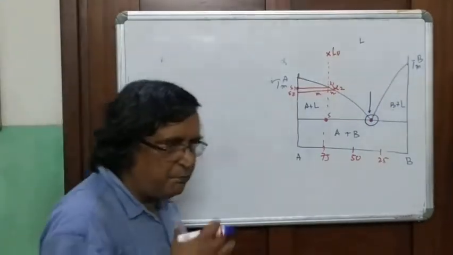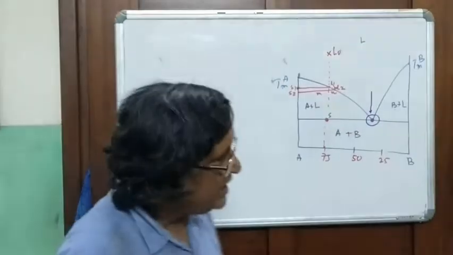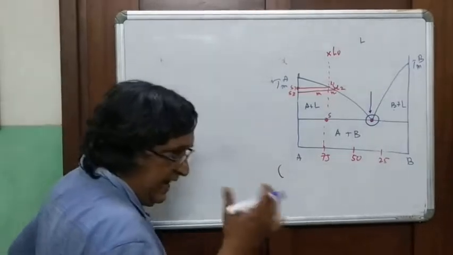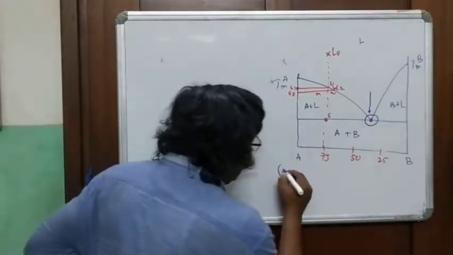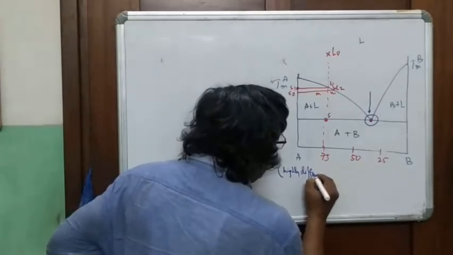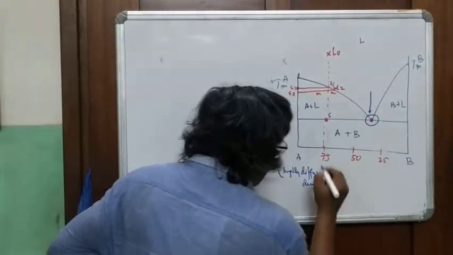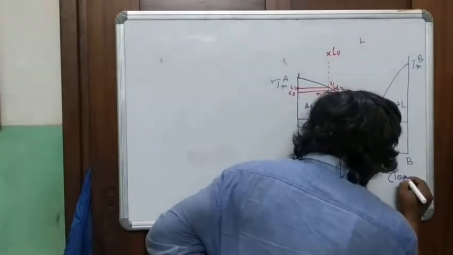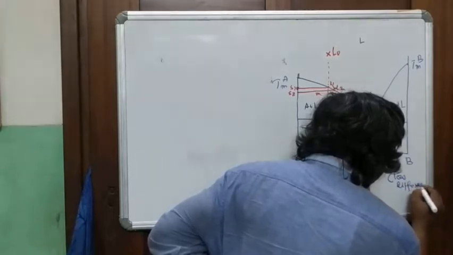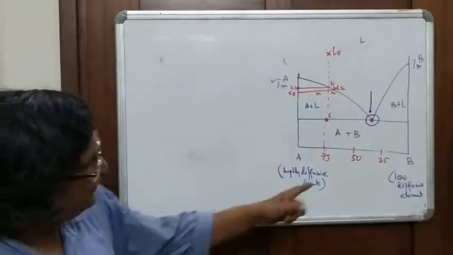Viewed in this perspective, if I look at this crystallization, say from a melt at this point, and you precipitate both A and B, then say A comprises highly diffusive elements, and B contains low diffusive elements.